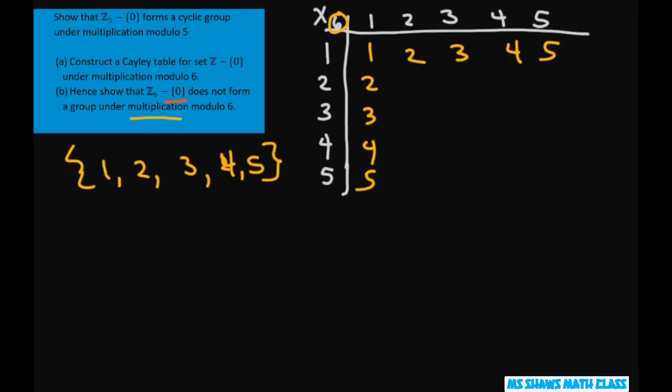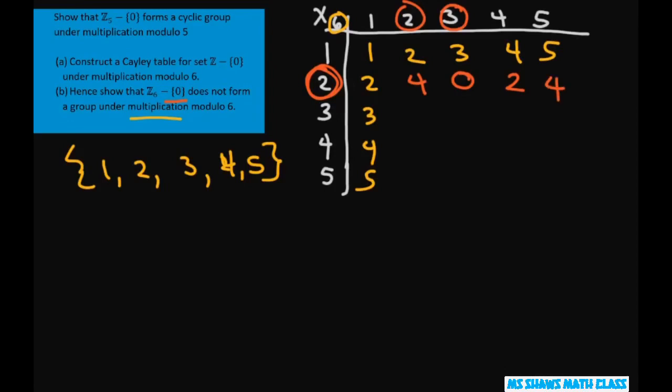Now, when we go through here, we get 2 times 2 is 4. 2 times 3 is going to be 6, but if you divide that out, the remainder is going to be 0. 2 times 4 is 8, and divide that by 6, the remainder is 2. And 2 times 5 is 10. Divide by 6, you get 4.